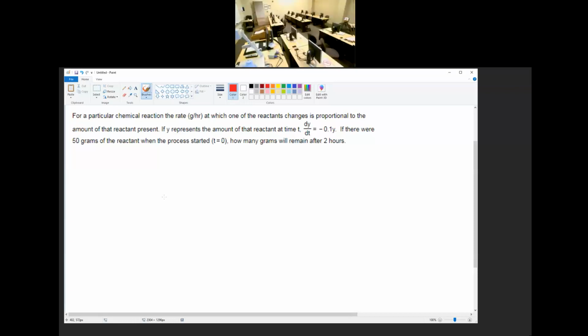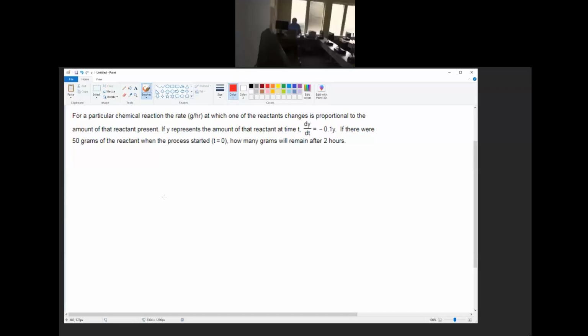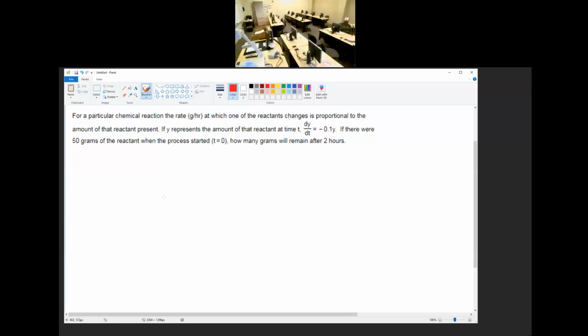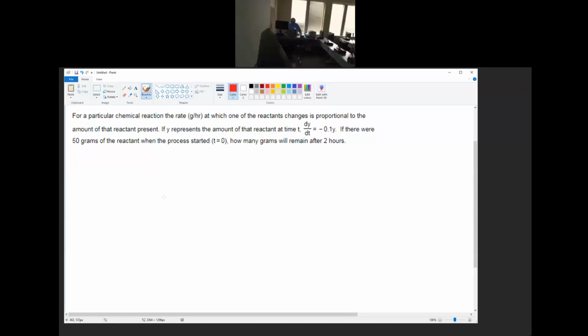So in other words, the change in the amount of the reactant at time t, that's what the dy dt represents. If there were 50 grams of the reactant when the process started at t equals 0, how many grams will remain after 2 hours?